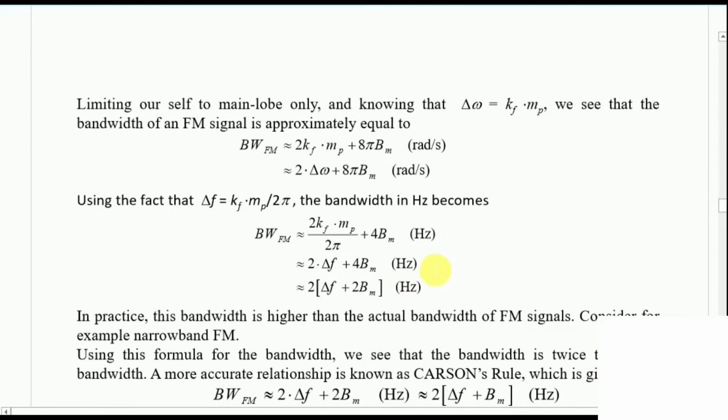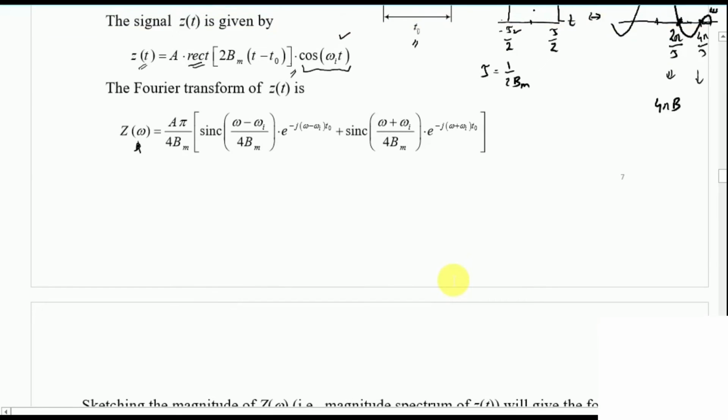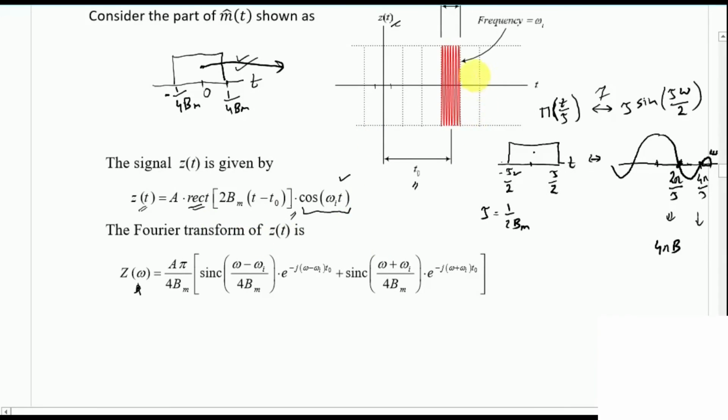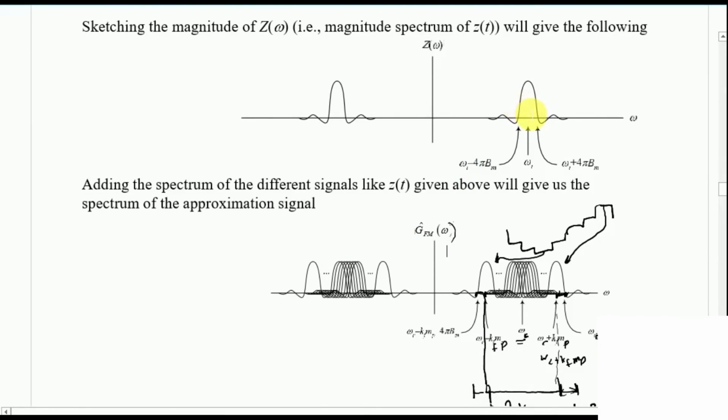So based on our analysis, remember this is not a closed form expression. All of this we have just visualized. We took one sample, and from that sample we get a time domain expression, and we converted that into a Fourier transform expression Z of omega, and then we said that based on the amplitude of the message signal we could have different spectrums, and the end-to-end value of that spectrum is the bandwidth.